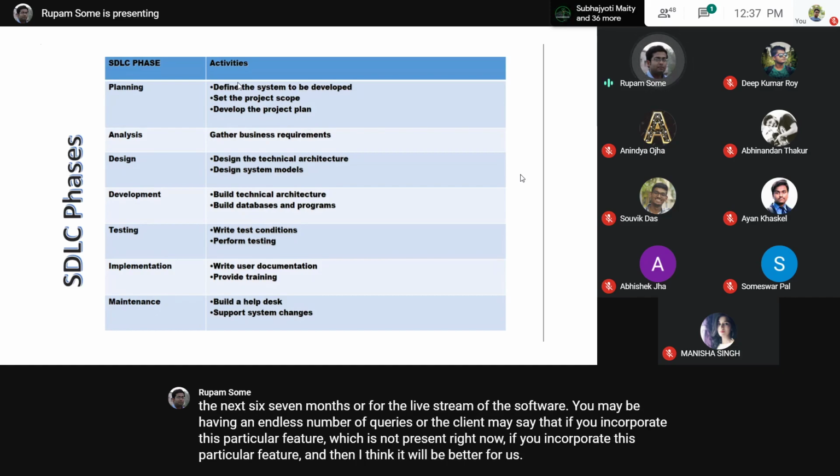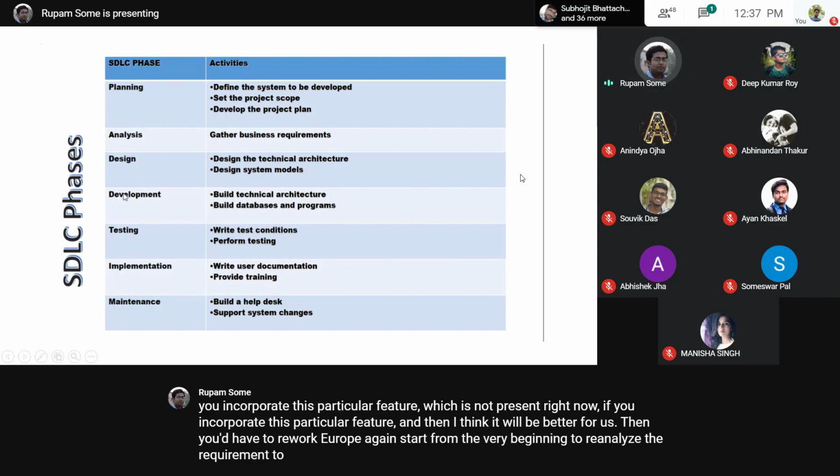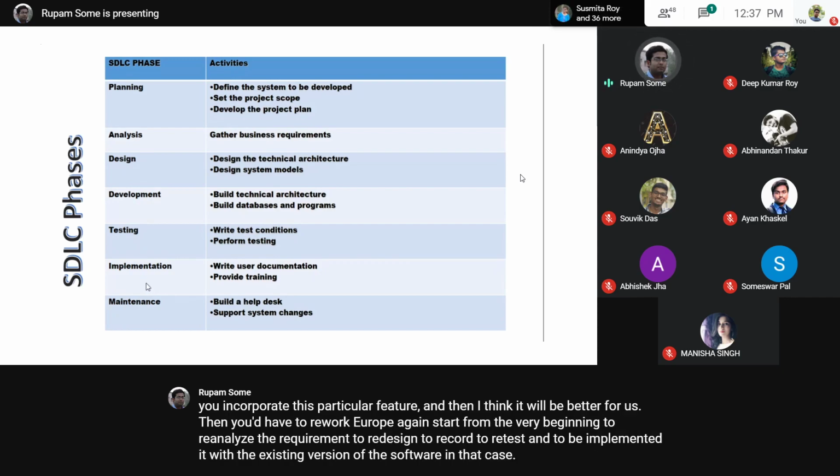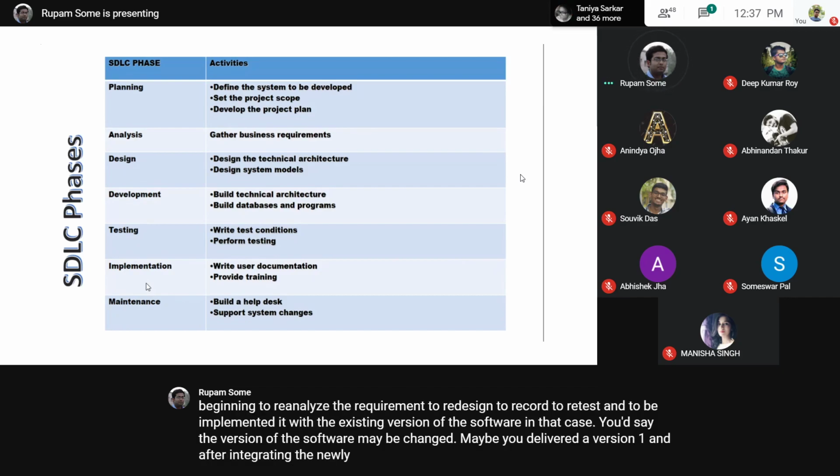Then you'd have to start again from the very beginning to reanalyze the requirement, redesign, recode, retest, and re-implement it with the existing version of the software. In that case the version of the software may change. Maybe you delivered version 1, and after integrating the newly developed requirement, you may have version 1.1. Okay, so let us move on.